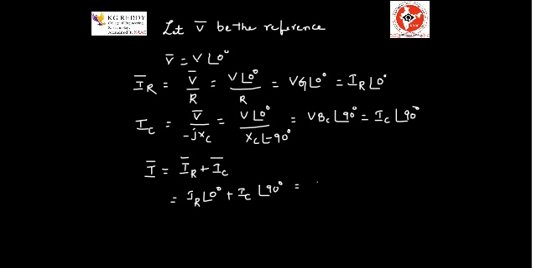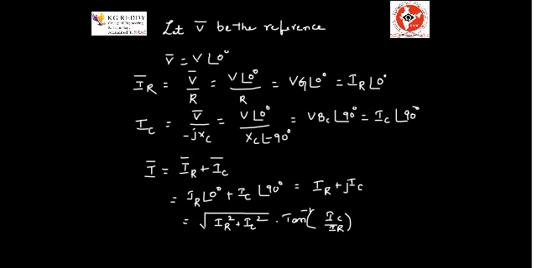I can write this as IR plus j into IC. Now for the magnitude, I can write it as the square root of IR square plus IC square, and the angle is tan inverse of IC by IR. So this is the magnitude as well as the angle of my total current I.